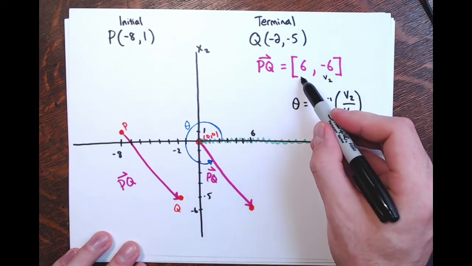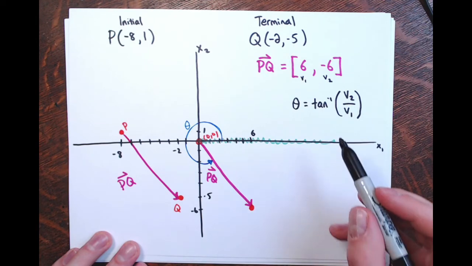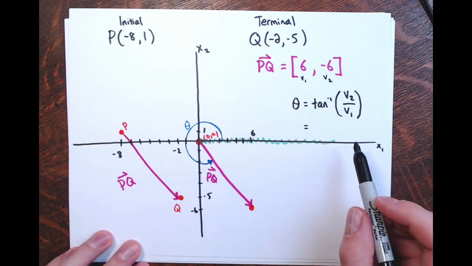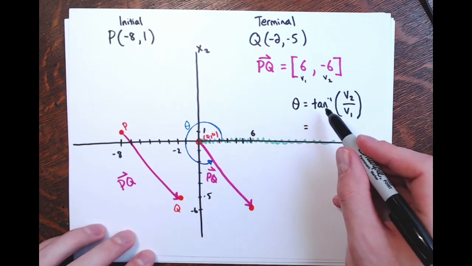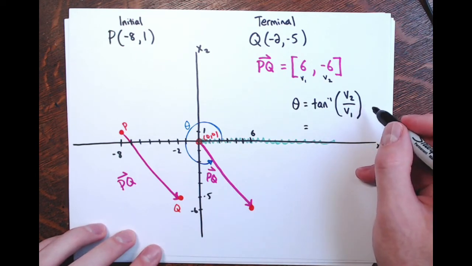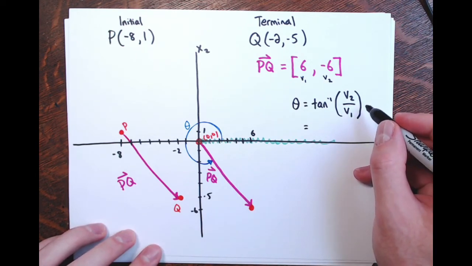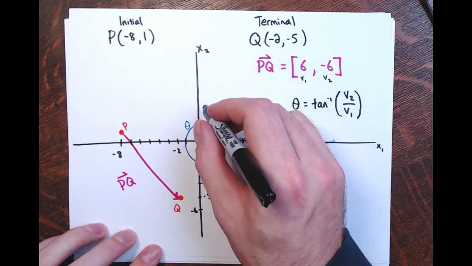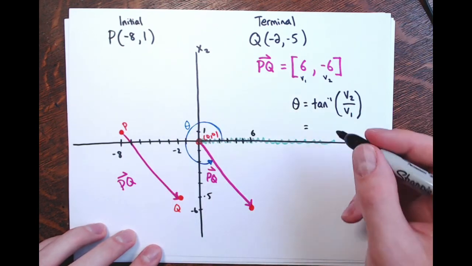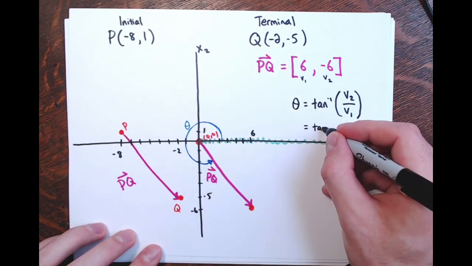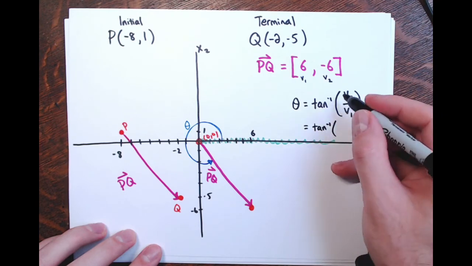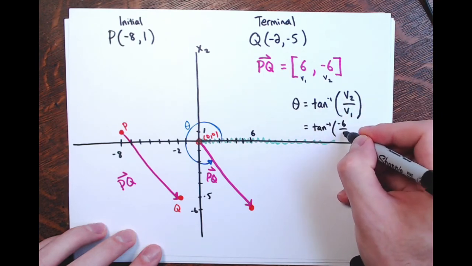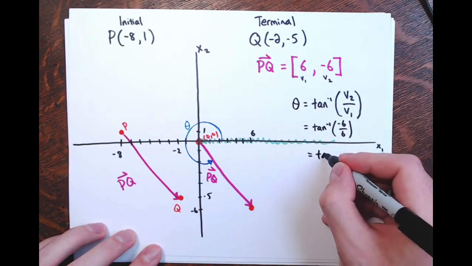The first component of this vector is positive 6. This formula only gives you the angle formed in quadrants 1 and 2, and I'll show you what I mean. This will be the inverse tangent of negative 6 divided by 6, which is the inverse tangent of negative 1.